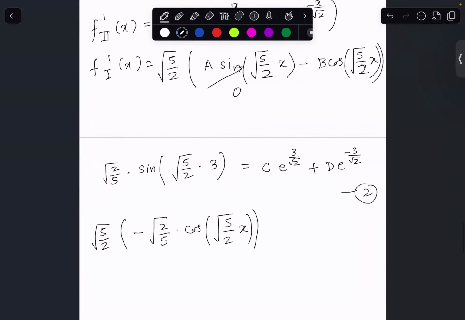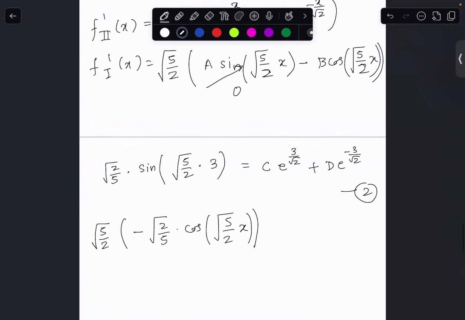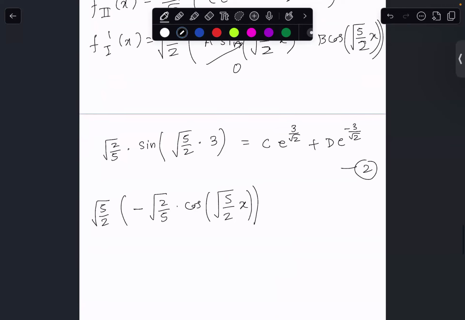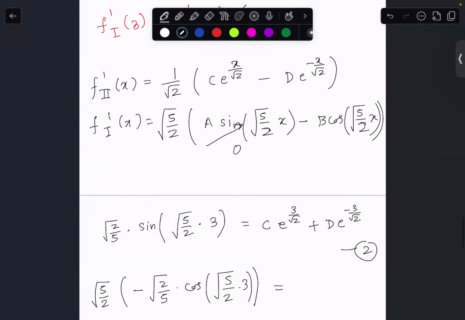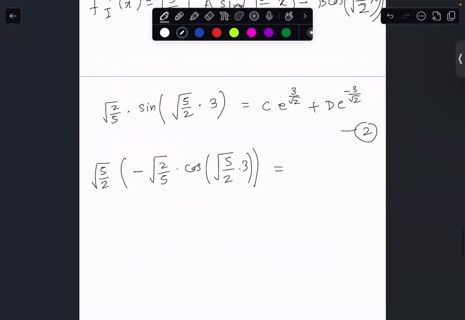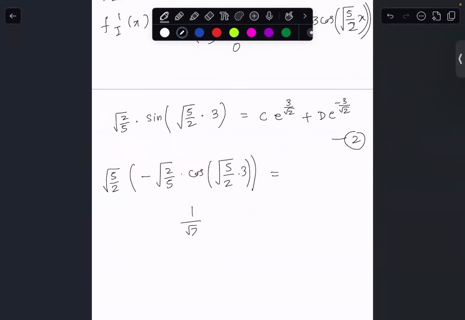So this is f prime in region 1 at 3. Just write down 3 here. And that should be equal to f prime in region 2 at 3. So that is 1 upon square root of 2 c e to the power 3 upon square root of 2 minus d e to the power minus 3 upon square root of 2.